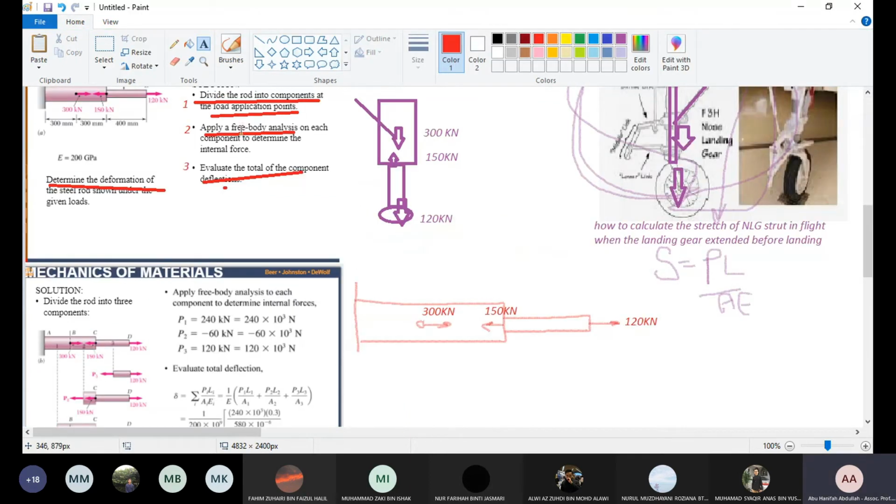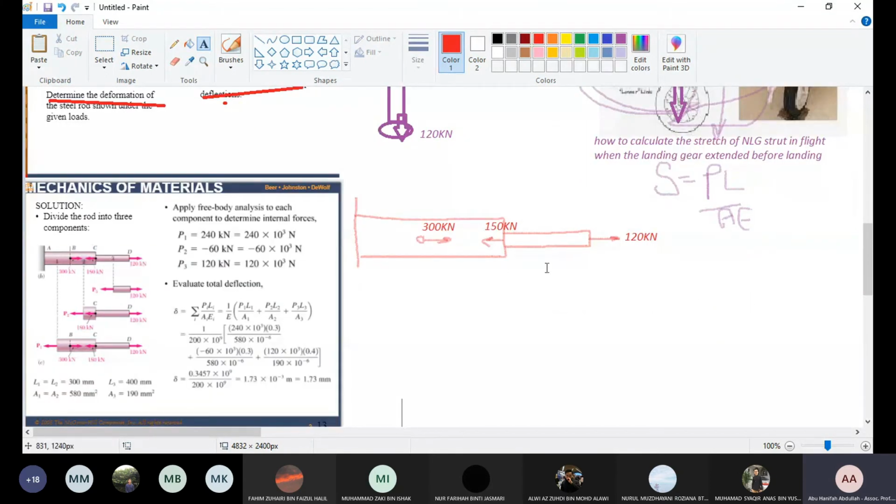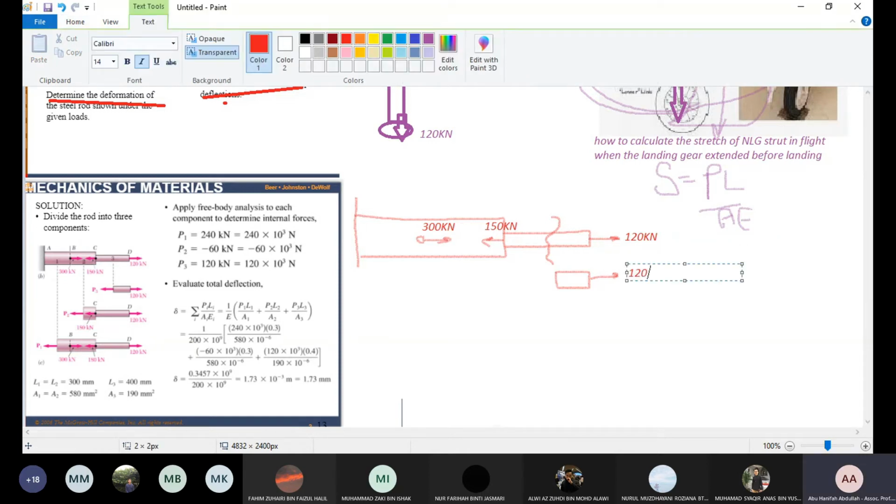Now we make into section. Remember we say apply free body diagram. Divide rod into components. So we have the first component. We cut here, and then we have a component breakout. So here we have 120 kilonewton. What will be P3?